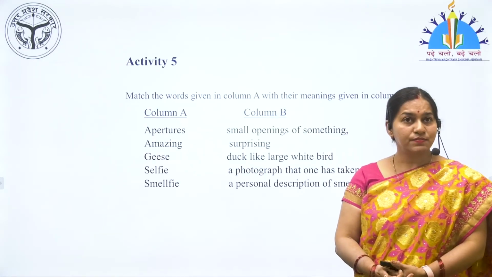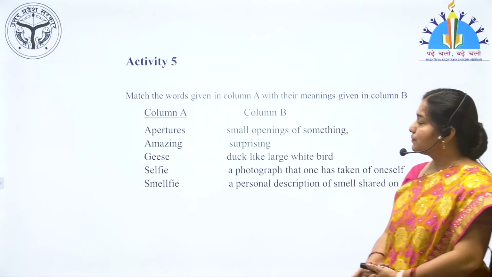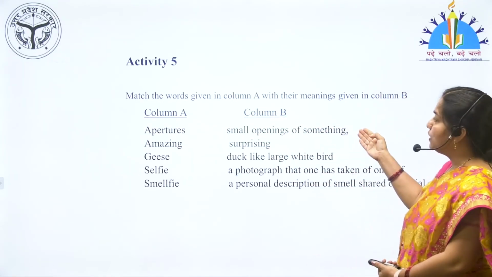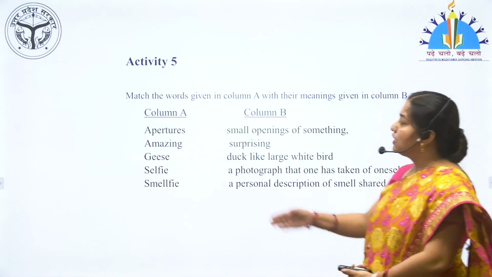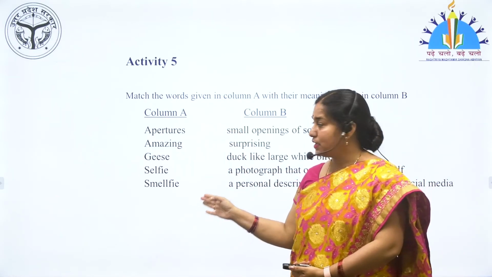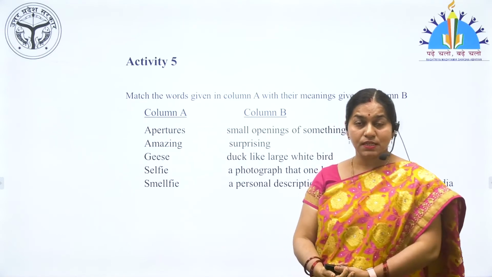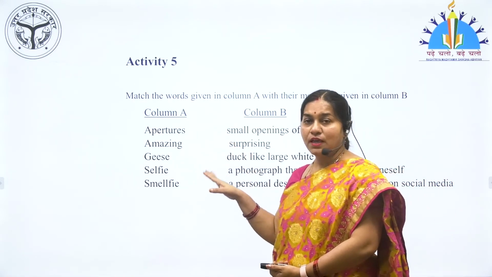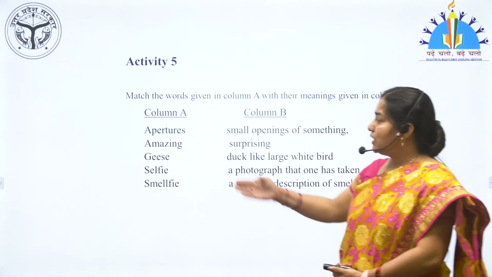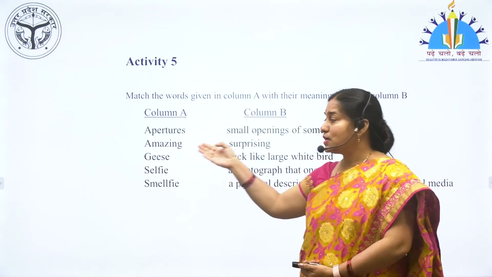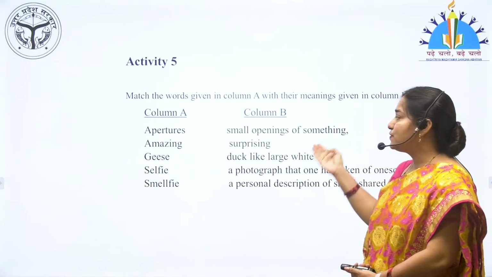This is the last activity of your module. Match the words given in column A with their meanings given in column B. In column A, we have words. In column B, we have the meanings. You will have to match them. I have already placed them in their right order. Aperture means small opening of something.